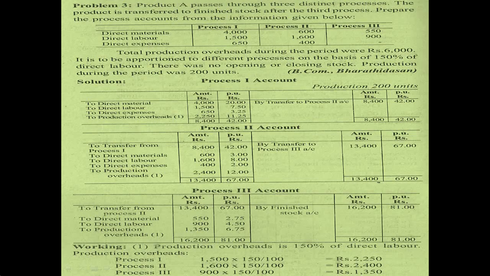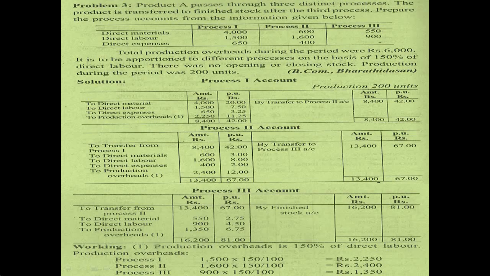That is 1,350 divided by 200 units, which comes to 6.75. So the total comes to 16,200, and the per unit column is 81, that is 16,200 divided by 200 units. So you add all this amount on the debit side and transfer to the credit side by finished stock, 16,200 divided by 200 units, which comes to 81. So the process 3 account is completed.